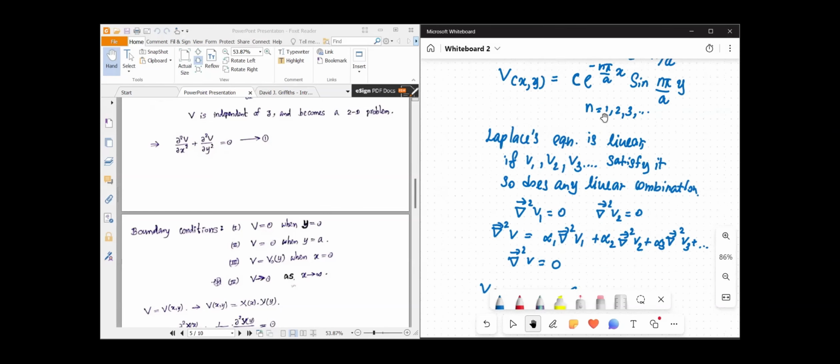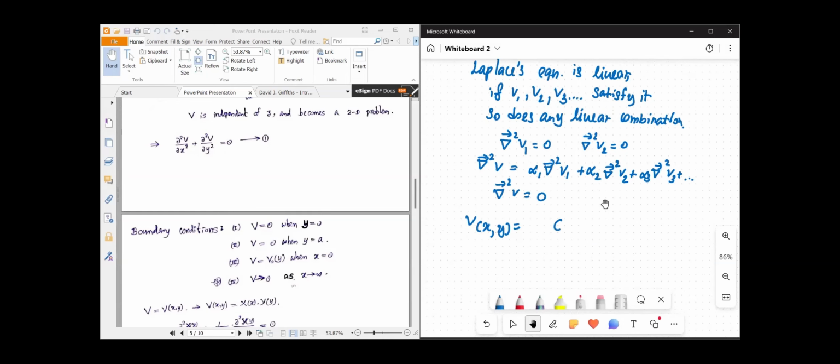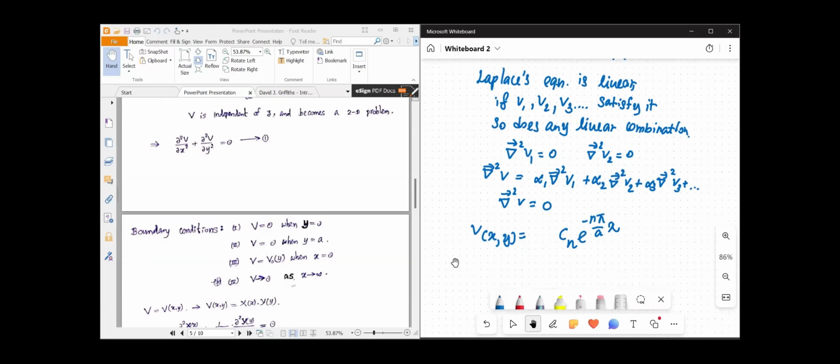C is the constant when we consider one of these n's. So for each n value, we have Cn e to the power minus nπ/a x and sine nπ/a y.